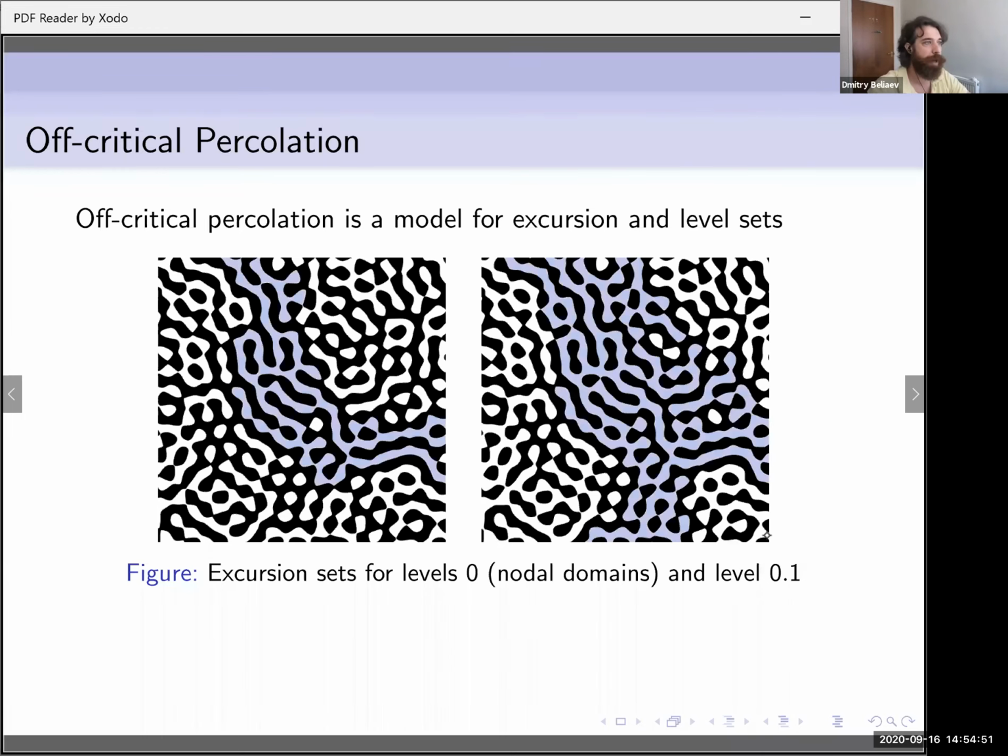So for example, if I highlight the largest white cluster, then on the right, it's much bigger. So when we change the level, a lot of things that were disconnected are now connected. And this is a typical behavior in percolation. At the critical level, these two things are in balance, and you move a little bit up, and immediately you have some giant connected components.